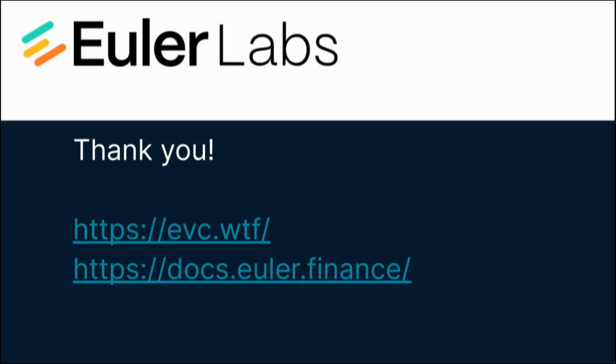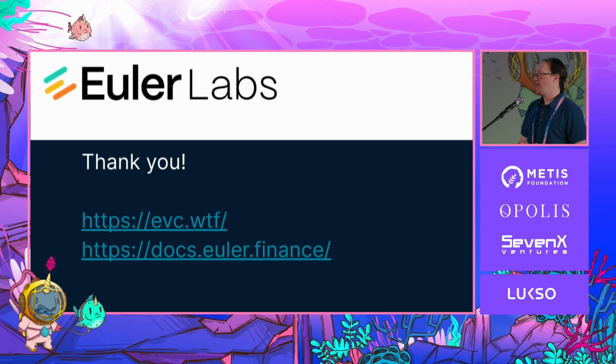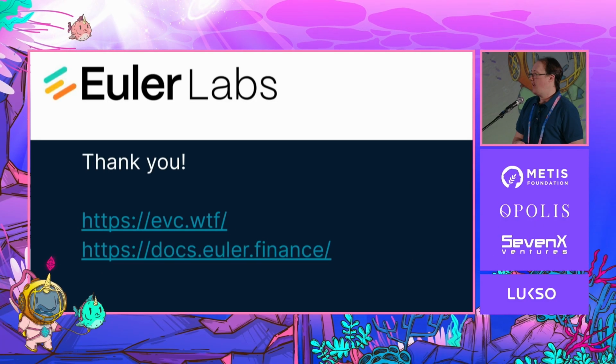And that's it. These two URLs are the documentation pages for the EVC and the Euler Vault Kit, respectively. The bottom link has a link to our light paper as well as the white paper. The light paper is more of a higher-level product concept, where we talk about the different deployment techniques for Euler Vault Kits and what we intend to accomplish with them.